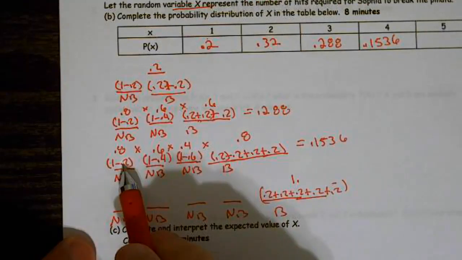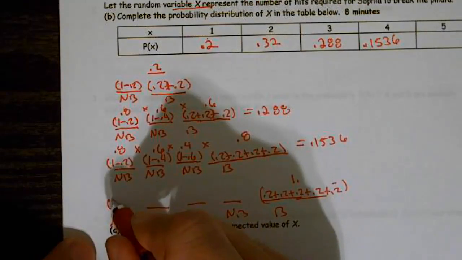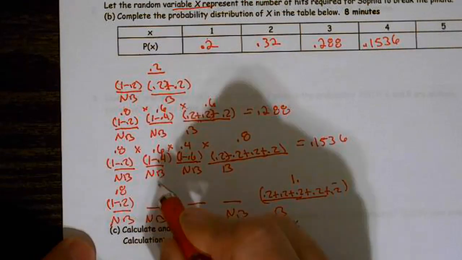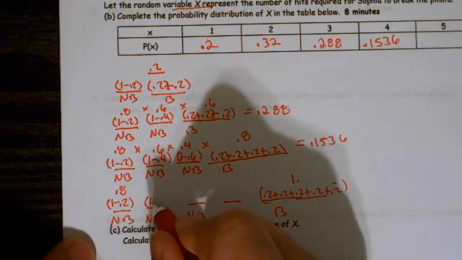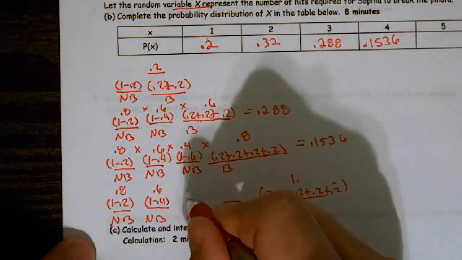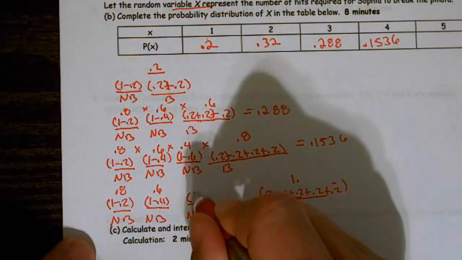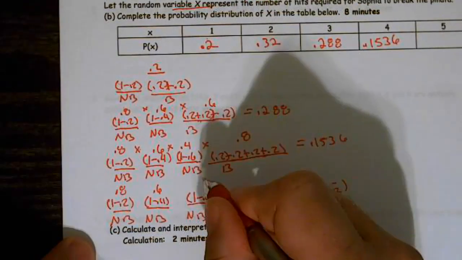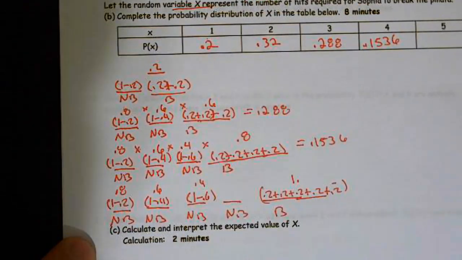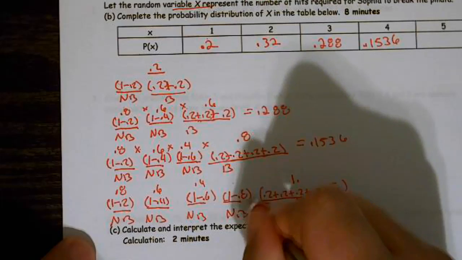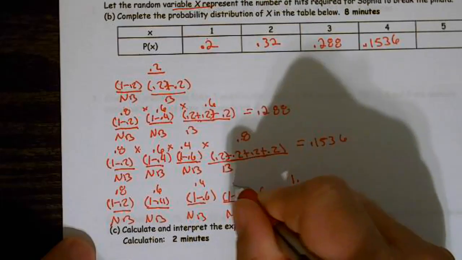So the probability of not breaking on the first one was 1 minus 0.2. That hasn't changed. That's 0.8. The probability of not breaking on the second one is 1 minus 0.4, so that's 0.6. That hasn't changed. The probability of it not breaking on the third one is 1 minus 0.6, so that's 0.4. And then on the last one, it's 1 minus 0.8, which gives me 0.2.